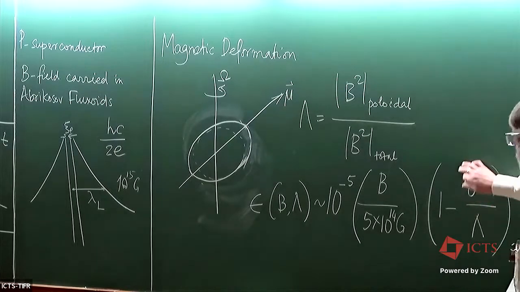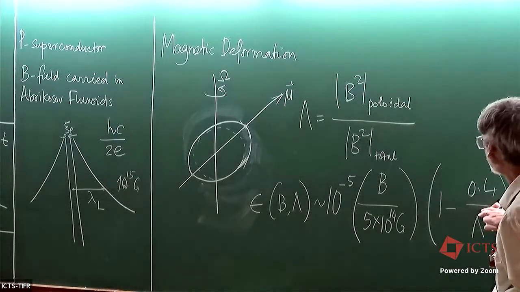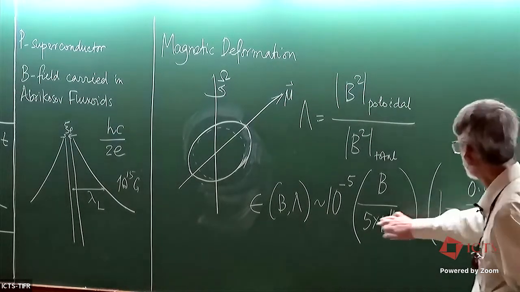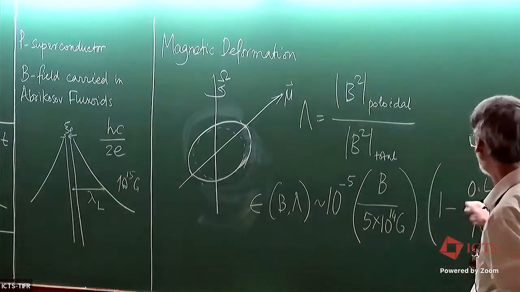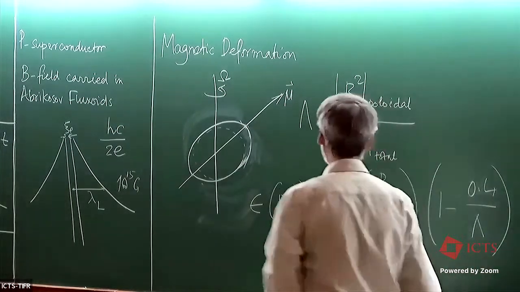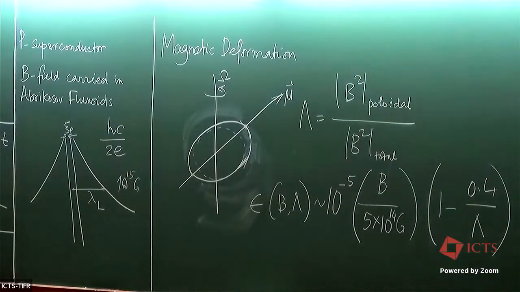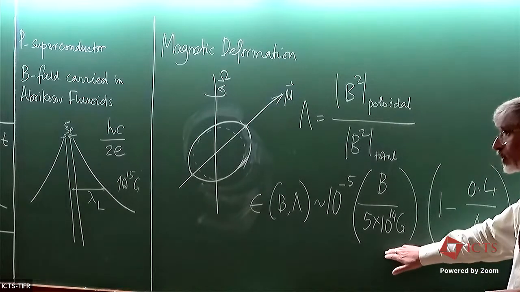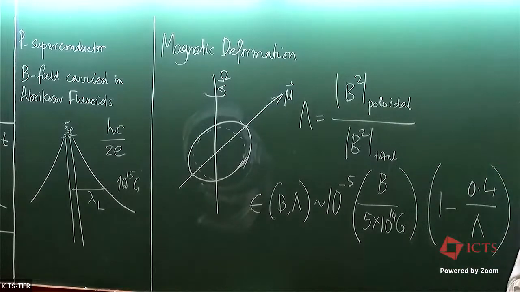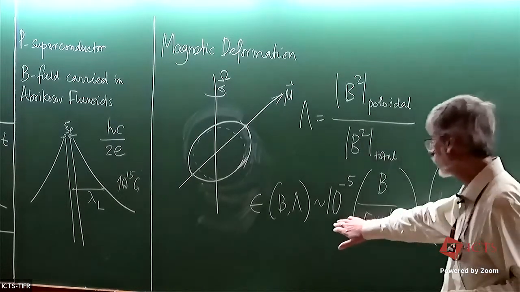So if lambda is 1, then you have about 60% of this number, an ellipticity of the order of 10 to the power minus 5 if the internal fields are strong, 5 times 10 to the power 14 Gauss. If you take a typical field of 10 to the power 12 Gauss, then this will be 2 orders of magnitude lower.